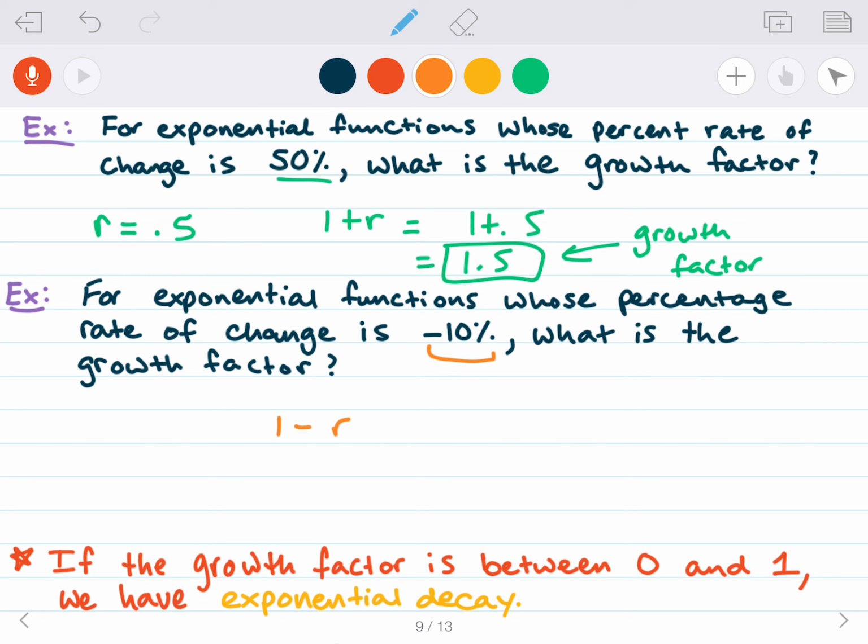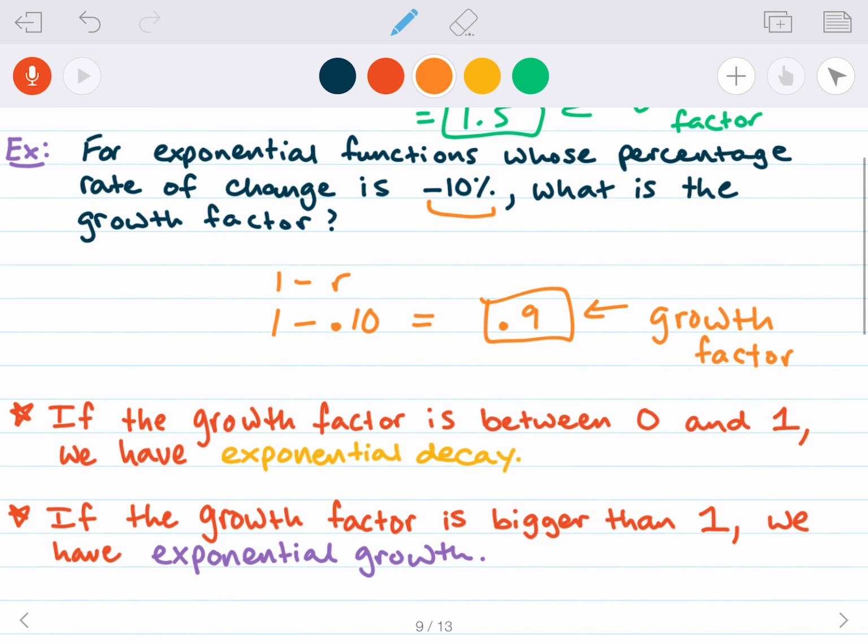So our growth factor is going to be 1 minus 10%, which is 0.10, and that's just going to give us 0.9. So this is our growth factor. And actually, a better name would be decay factor, but they don't really say that. It's not a common phrase. So anyway, that's the growth factor.